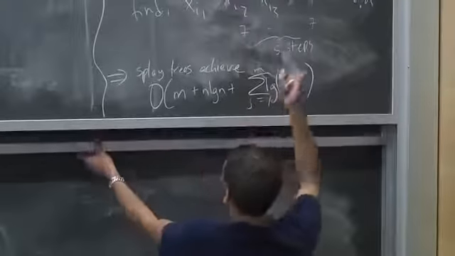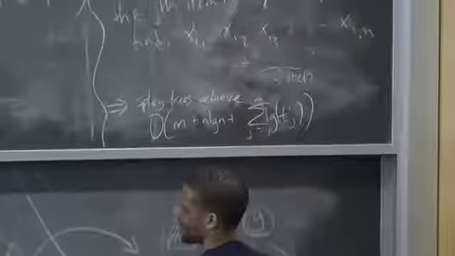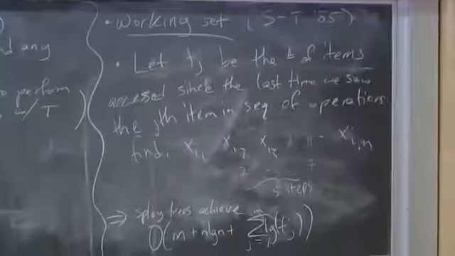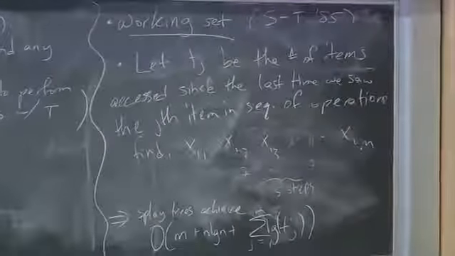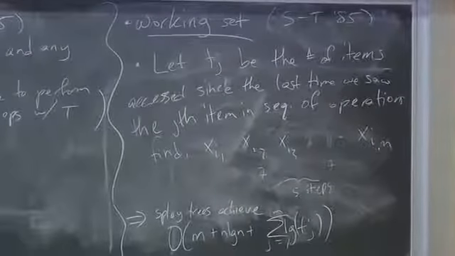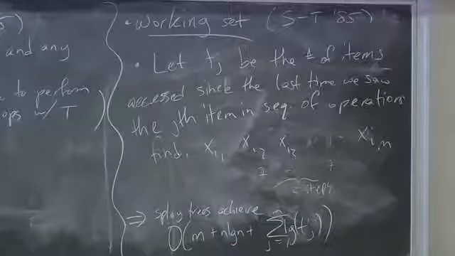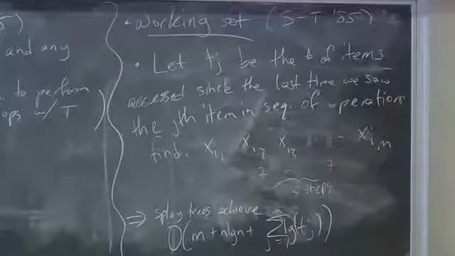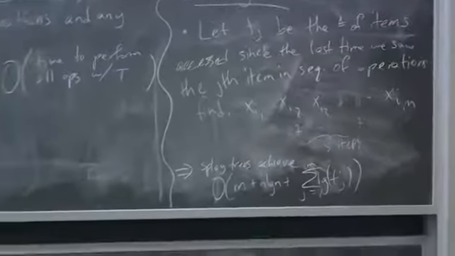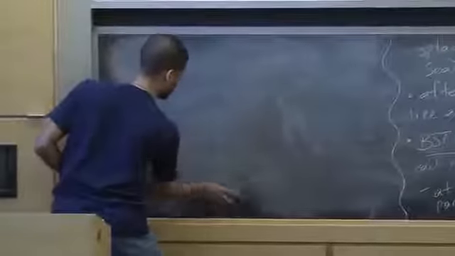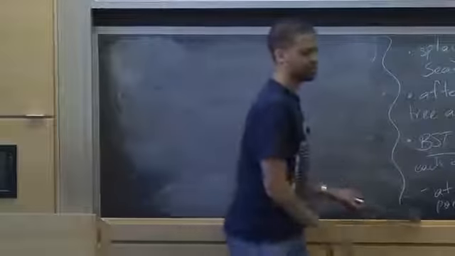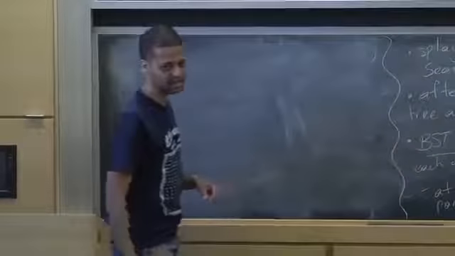And it's called the working set property because if there's a stretch of time where you keep searching for the same 10 nodes over and over again, then you're going to start spending constant time, log of 10. Okay, so those 10 nodes will be your working set. There are a bunch of other properties it satisfies. I think I'll just name a couple more, and then I'll state a conjecture regarding splay trees, which hasn't been proven yet.